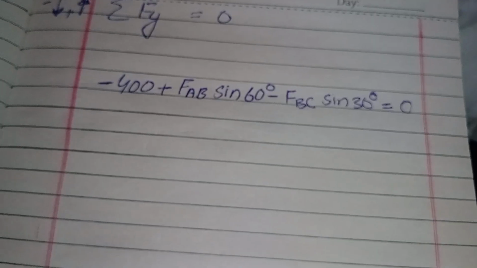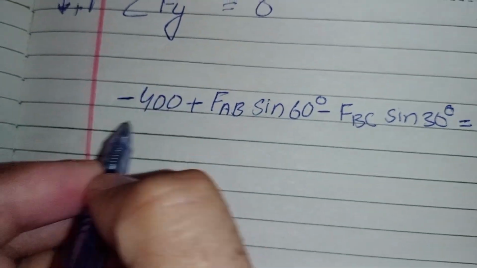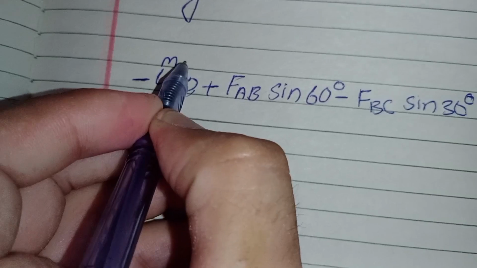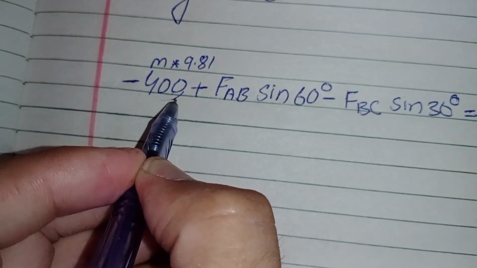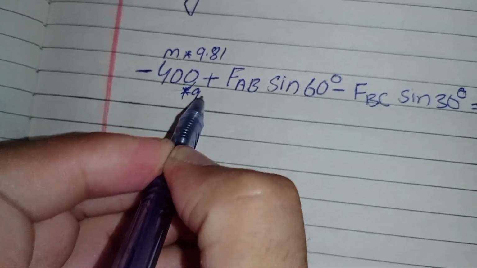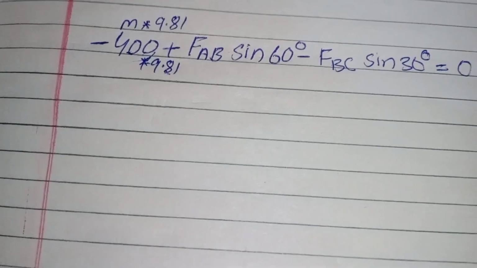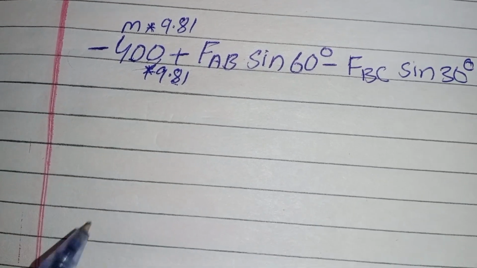Okay, sorry, you also know that F is equal to mg, this is mass multiplied by 9.81. Okay, so let's apply the expression.